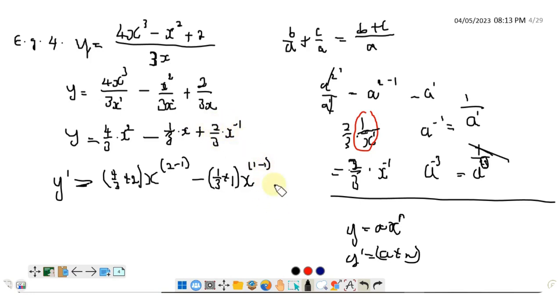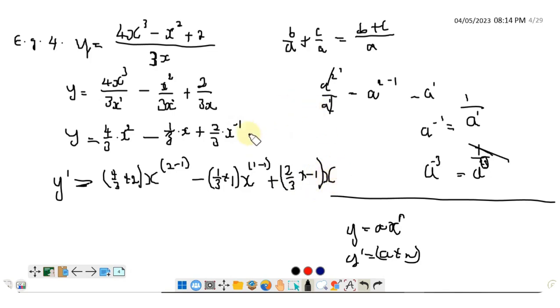Then we do the same for this one, plus 2 over 3 multiplied by n, which is -1. Then x, then n minus 1. N is -1, minus 1. There we go. Then I will simplify all that.